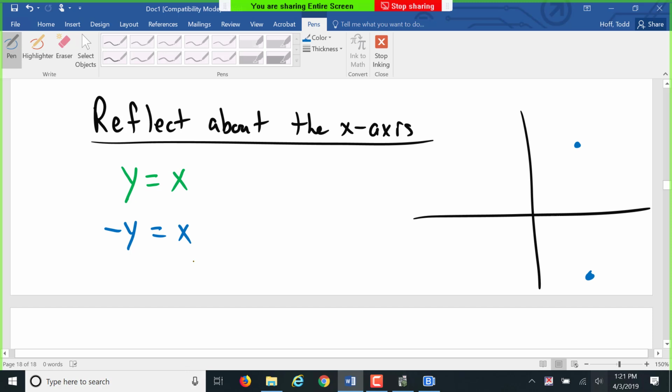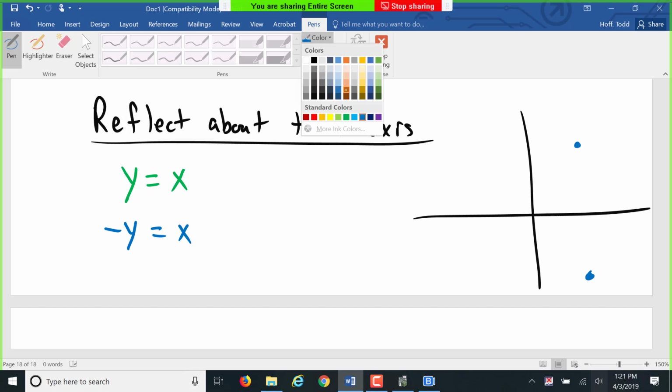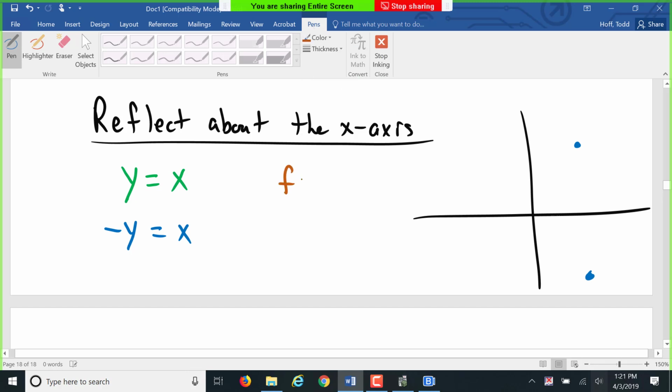Now this is where I said earlier this doesn't make a lot of sense because, well, negative y equals x is the same as y equals negative x. So it makes a little more sense if we put it in function notation. If f of x equals x, the reflection around the x-axis would be negative f of x equals that function.